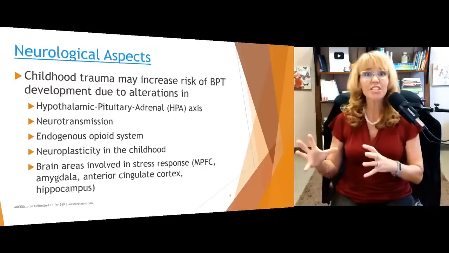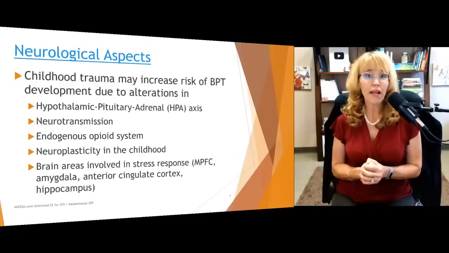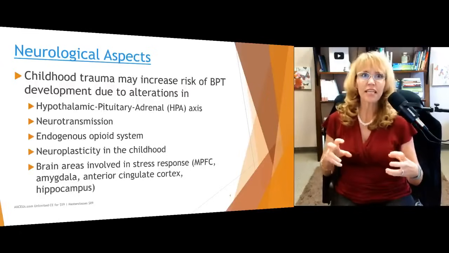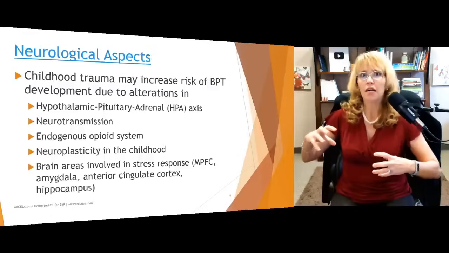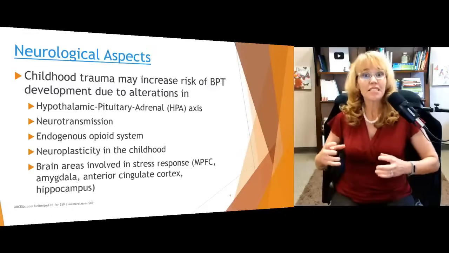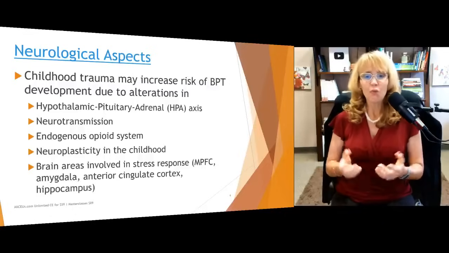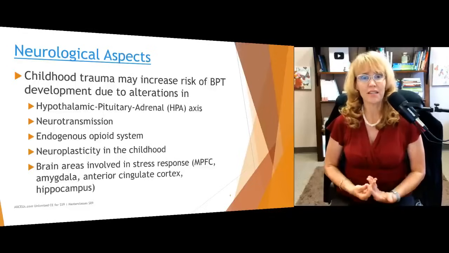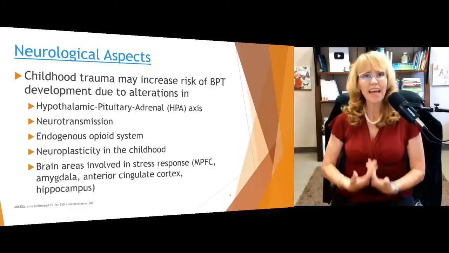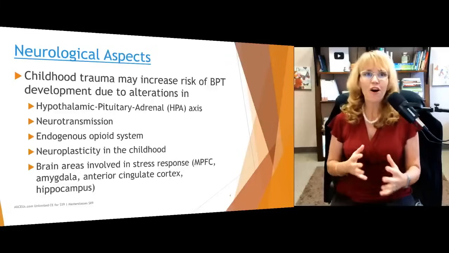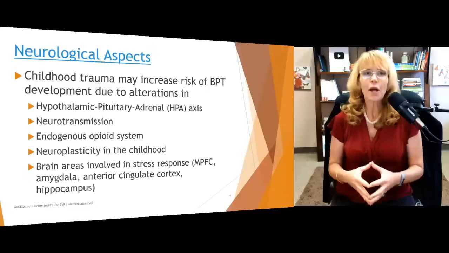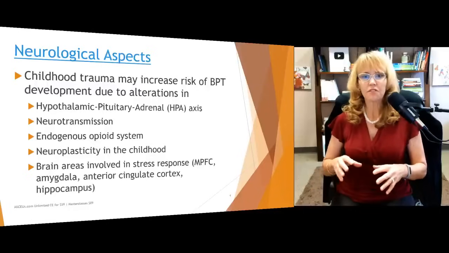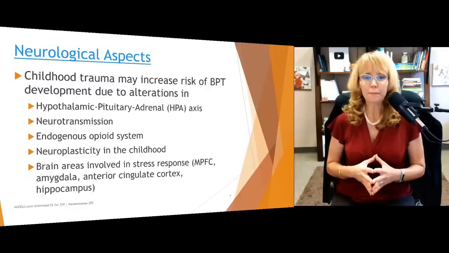So we see changes in the structure of the brain. We see changes in which areas are activated and how intensely they're activated. We see changes, interestingly enough, in the endogenous opioid system. Our natural painkiller system shows alterations, partly because of the changes in the brain.